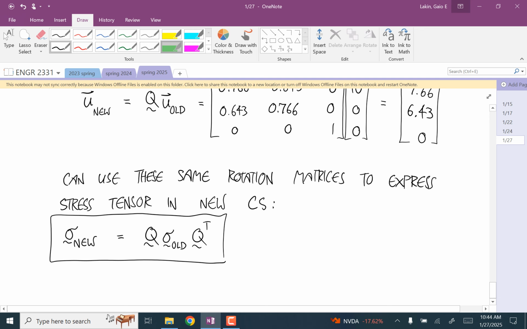So one of those Q's, think of as rotating the cube and the other as re-expressing the tractions. With vectors, we only had to multiply once. With tensors, we have to multiply twice, and one is a transpose. Why do you need to re-express the traction vectors?